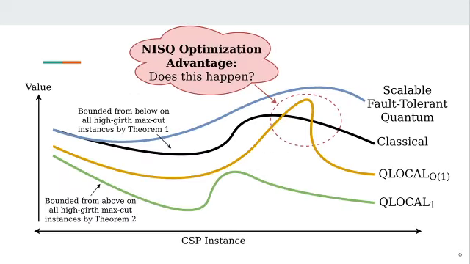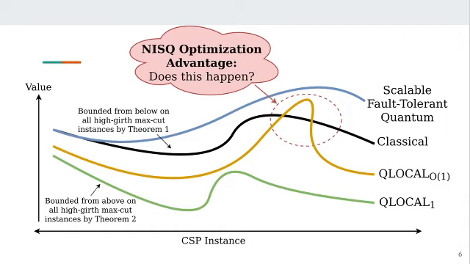A graphic that might sum up some of this is you have these Q-local machines, and Q-local at depth 1 is this green line. Q-local at some constant depth is the yellow line. And the classical algorithms are the black line. And the question is, does the green or the yellow line cross the black line?